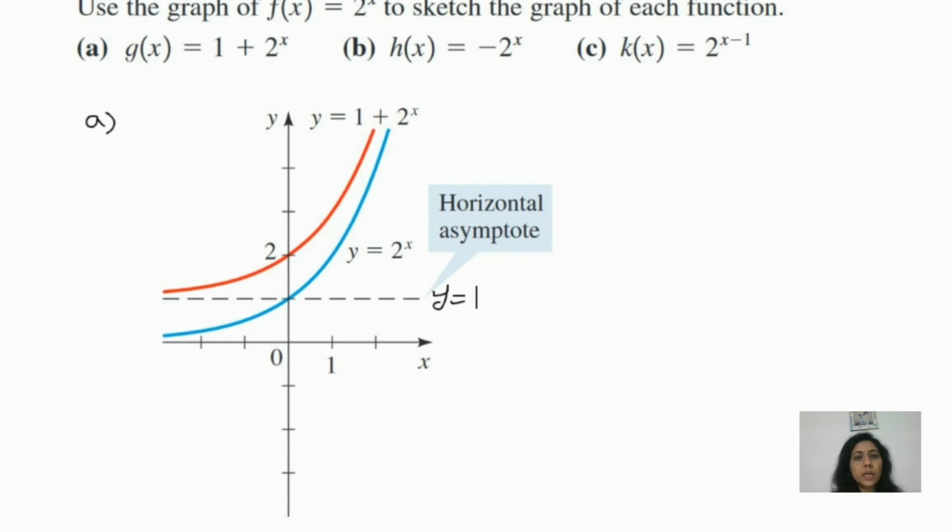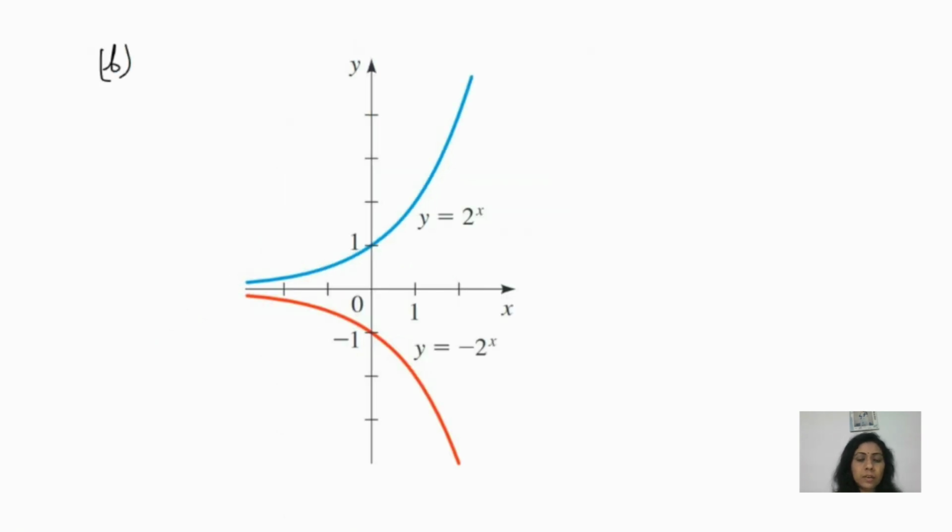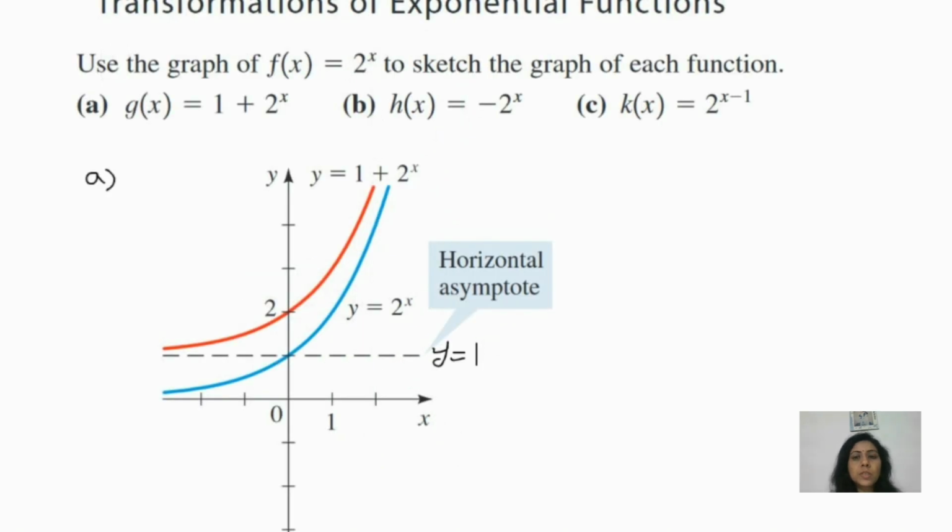Now question B, h(x) = minus 2^x. Again we start with the graph of f(x) = 2^x, but here we reflect in the x-axis to get the graph of h(x) = -2^x. Now question C, k(x) = 2^(x-1).